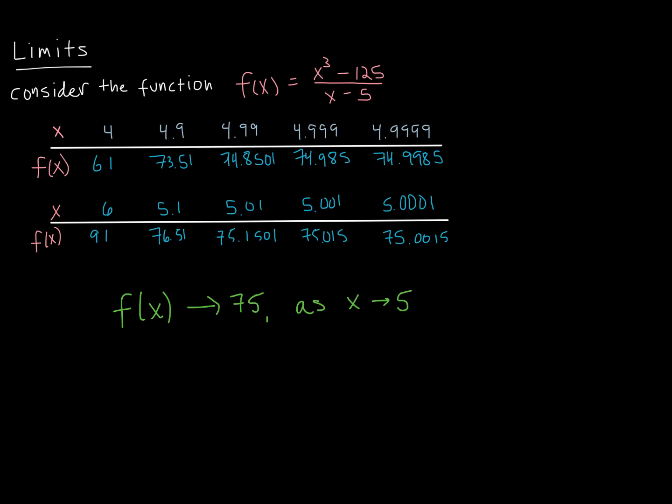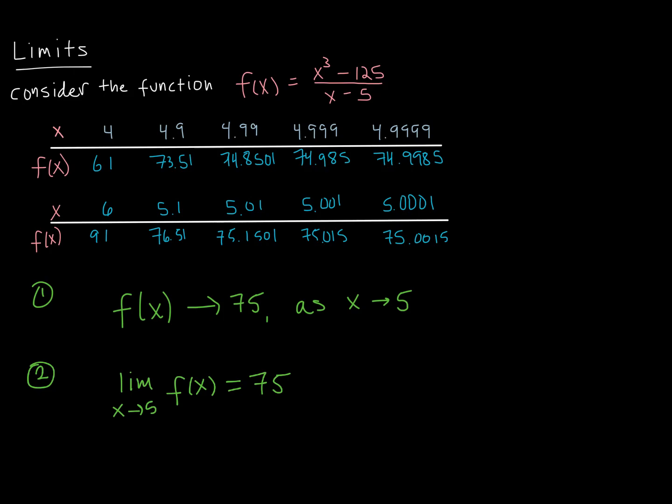Okay, that's one option. However, the most common way of writing this is to say the limit, L-I-M, as x approaches 5 of f of x is equal to 75. Okay? And that's how we'll most commonly write it.